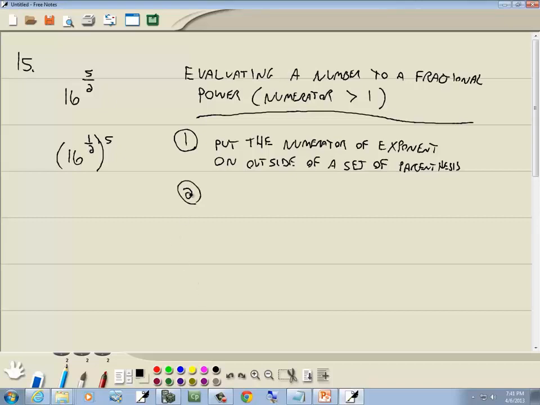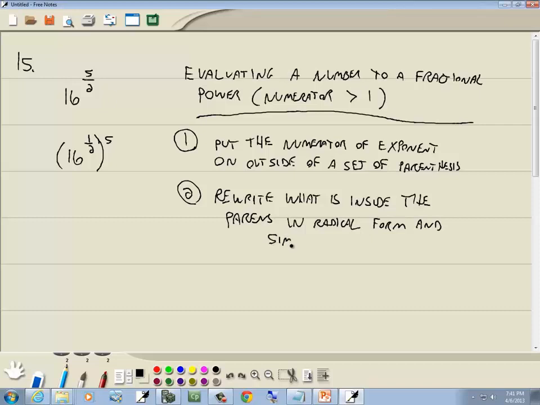Step 2. Rewrite what is inside the parentheses in radical form. And simplify. Well, the 16 to the 1/2 power, that becomes the square root of 16. 5th power stays there. Square root of 16.